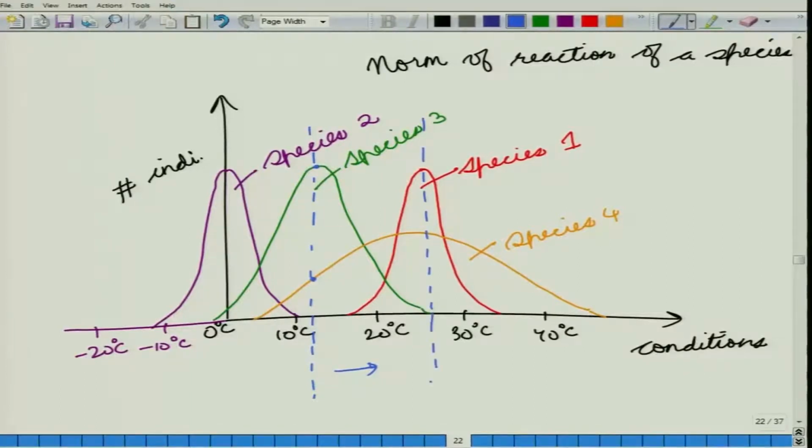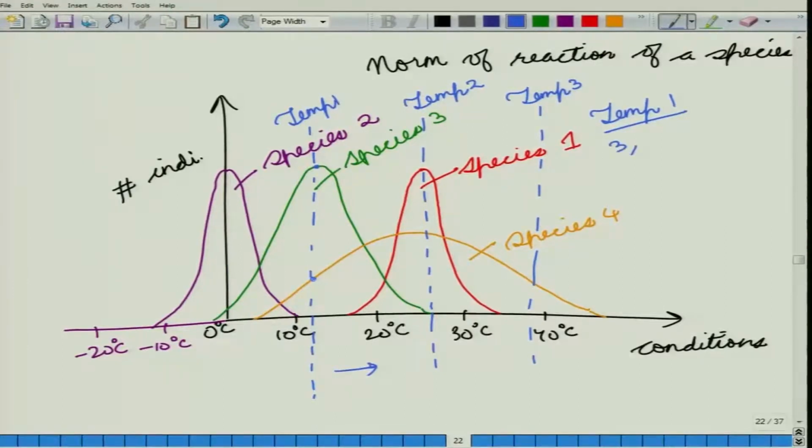So, at this temperature, let us consider this as temperature 1, let us consider this as temperature 2, and maybe let us consider this as temperature 3. So, at temperature 1, what all species do we see? At temperature 1 we are seeing species 3 and we are seeing species 4.